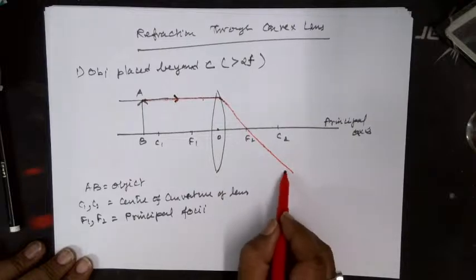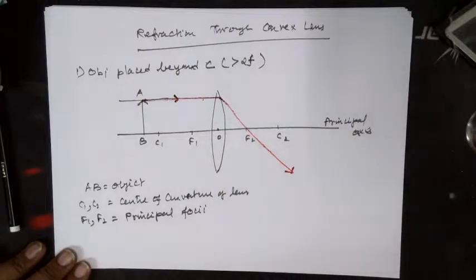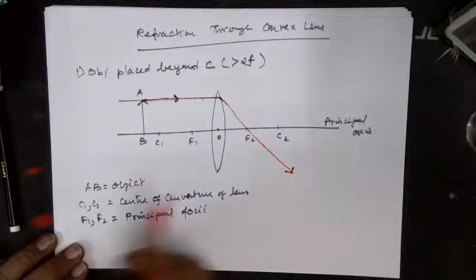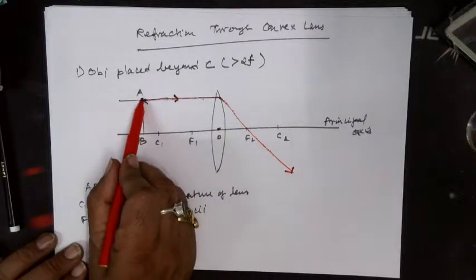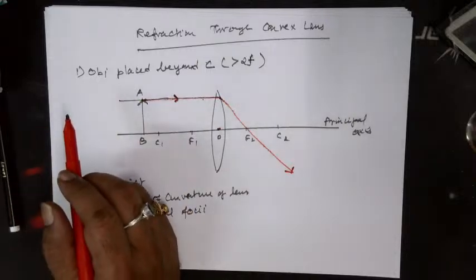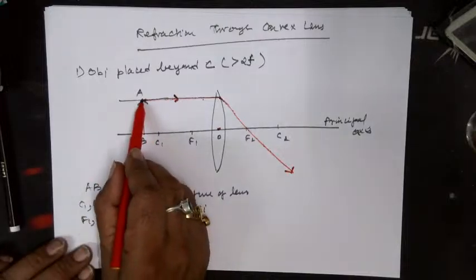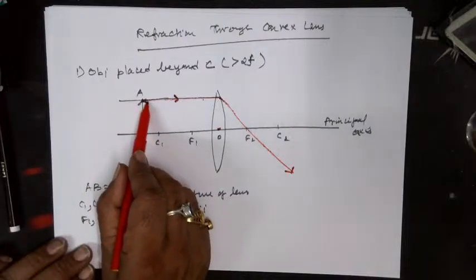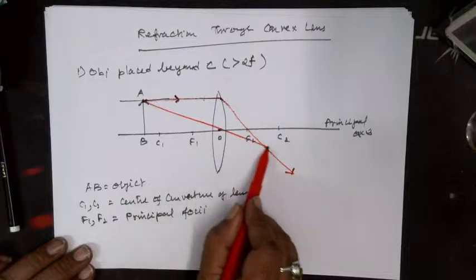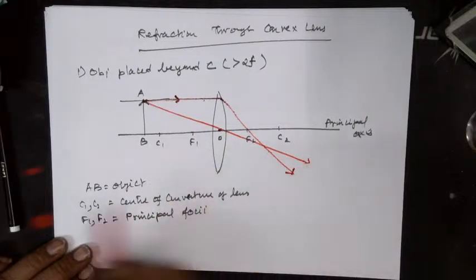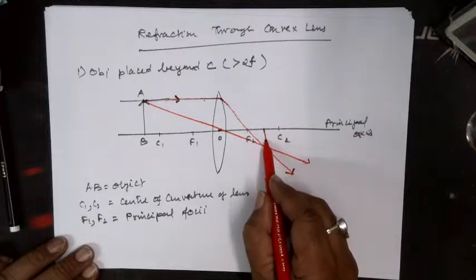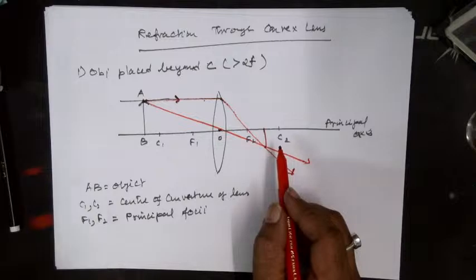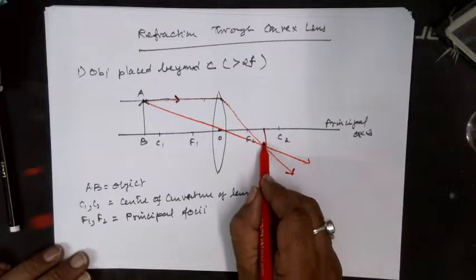And another line passes through O, the optical center. You have to use the scale properly, right? Now you can find the point of intersection here, and that is the image position.